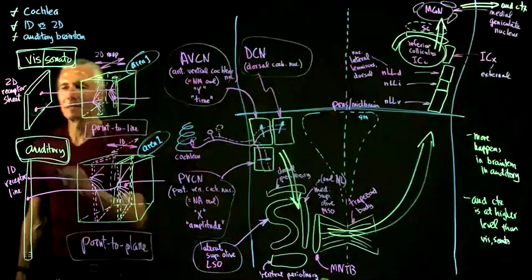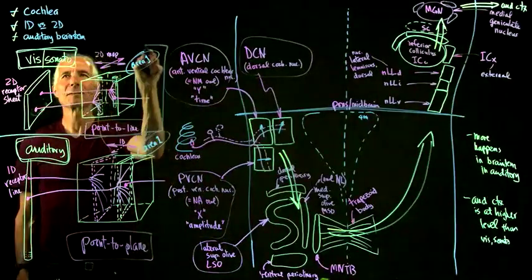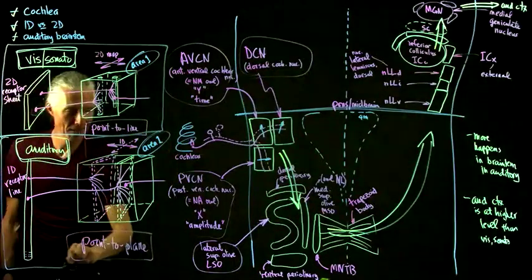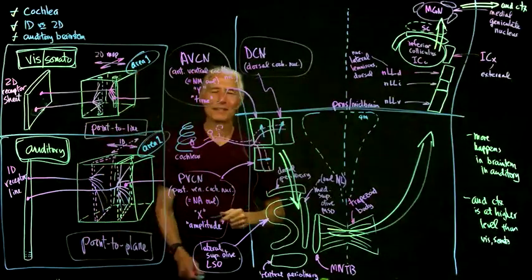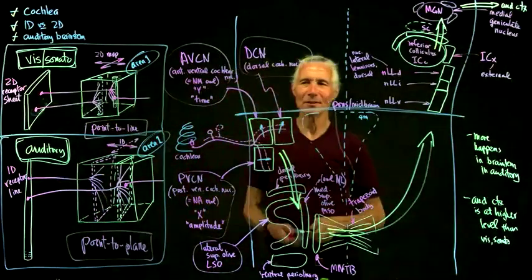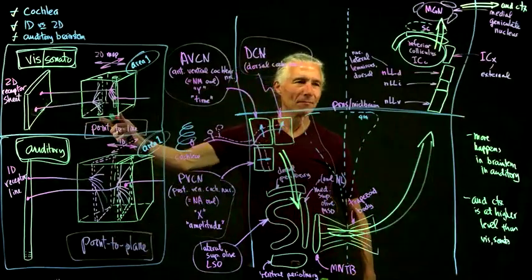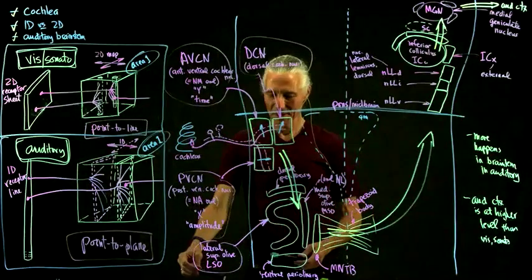So here's visual system. Let's put some final, there we go. Much better. Yeah, so the auditory system is always point to plane. The visual and somatosensory are point to line.